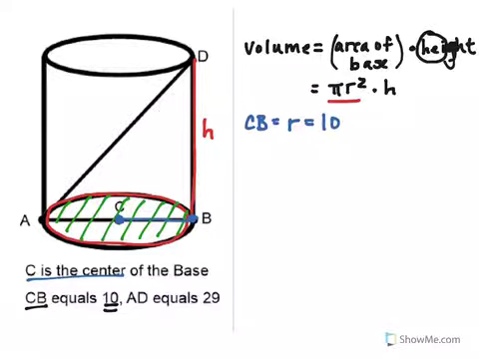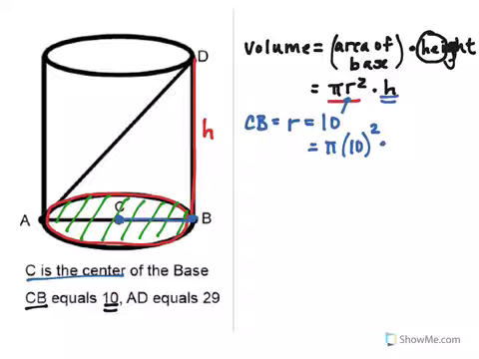So that is part of our formula. The volume is going to be equal to pi times 10 squared times our height, but we need to solve for height.